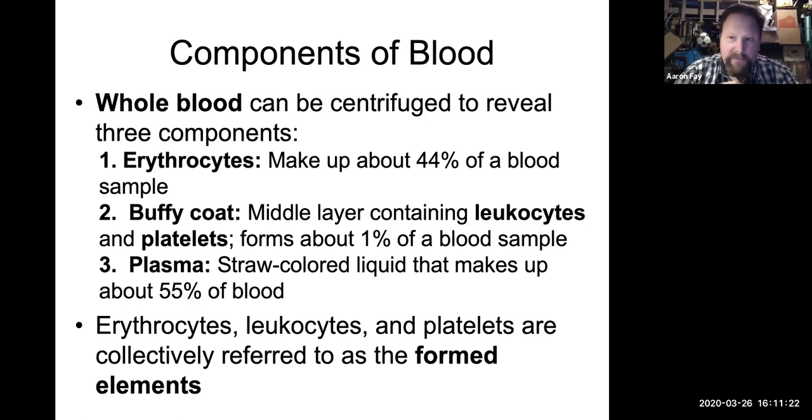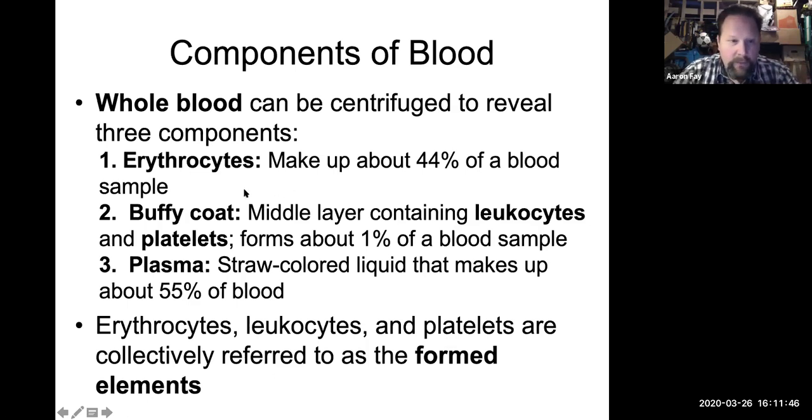Platelets are also fragments of cells. They are not true cells. And because of this condition, where we have some things that look like cells but are not actually cells, all the components of blood taken together are called the formed elements. Because you really can't call them all cells because they're not cells, so we have this term formed elements.